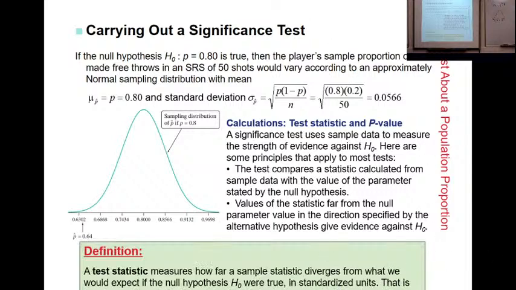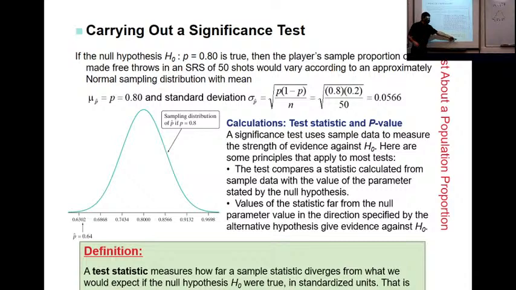The standard deviation was that standard error, the square root of p times 1 minus p over n. So that is the formula that we're going to be using.